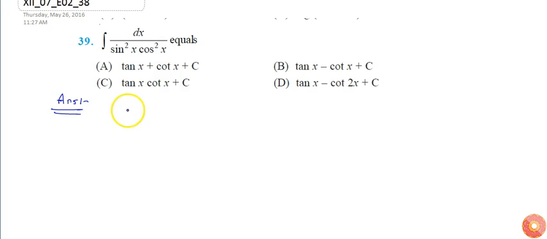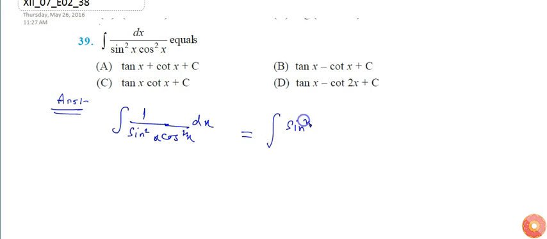So here it is 1 by sin square x cos square x dx. Since I know that sin square x plus cos square x is 1, I can replace 1 with sin square x plus cos square x by sin square x cos square x dx.